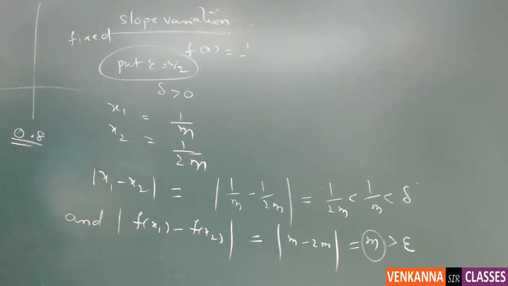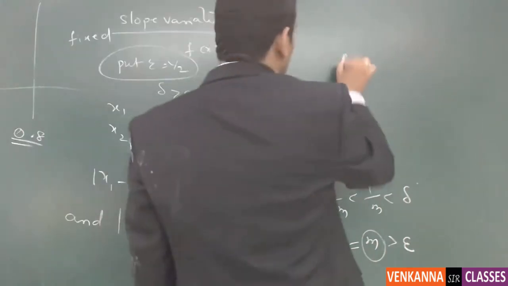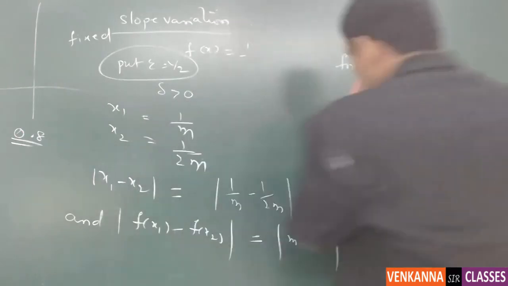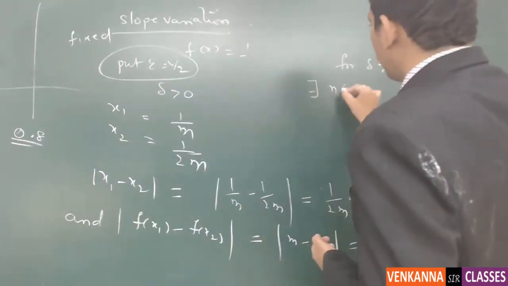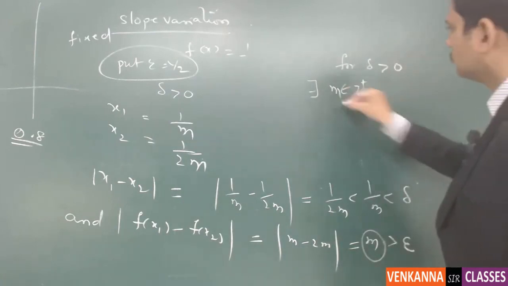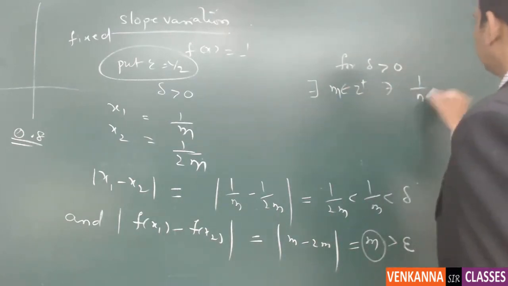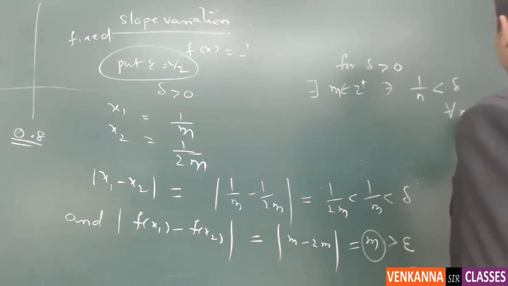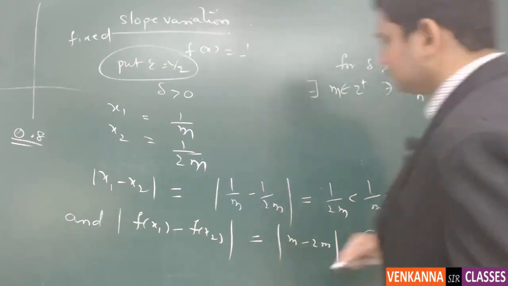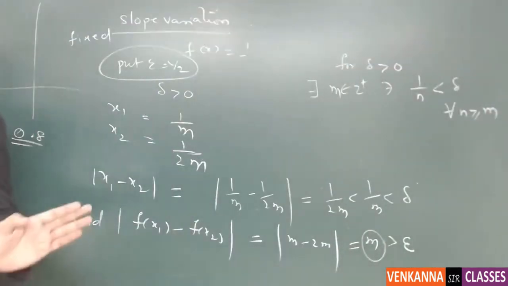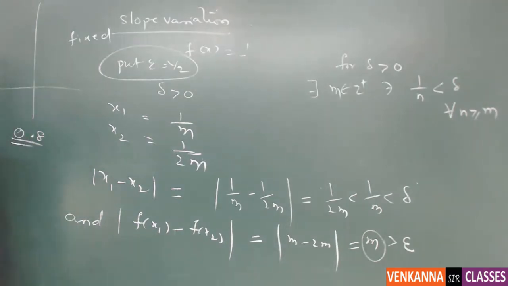I have written that for delta greater than 0, there exists a positive integer M such that... You are taking M as an integer, right?